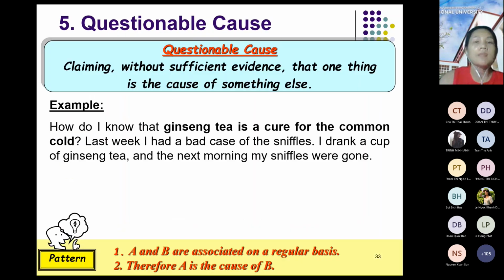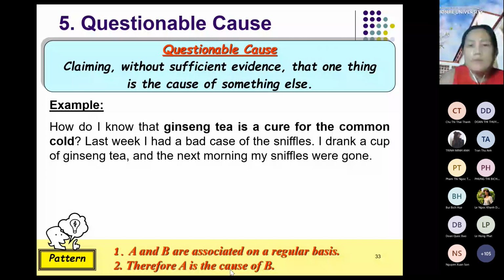Now, number 5 here, the name of the fallacy is questionable cause. The name of this fallacy is quite similar to the name of an argument. The fallacy happens when we claim without sufficient evidence that one thing is the cause of something else.